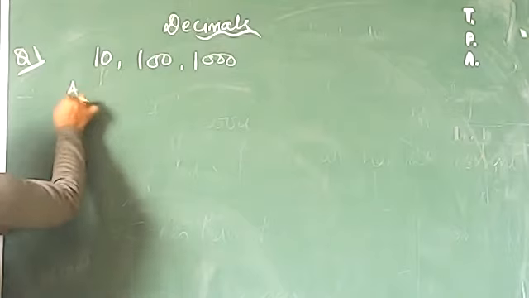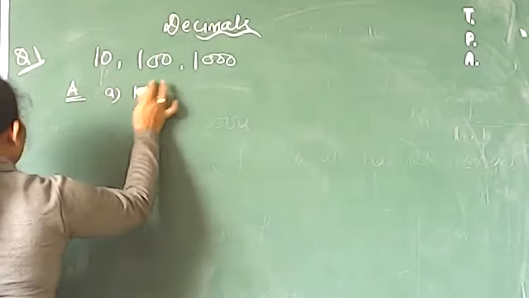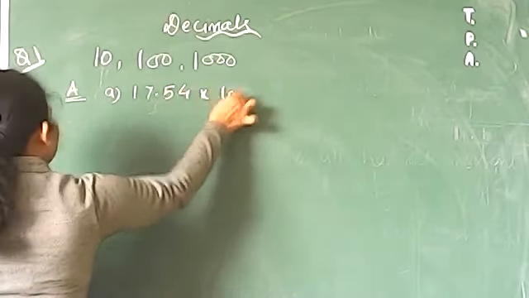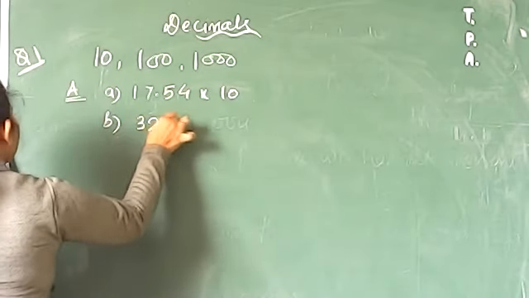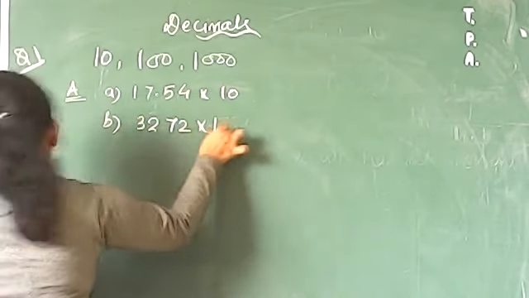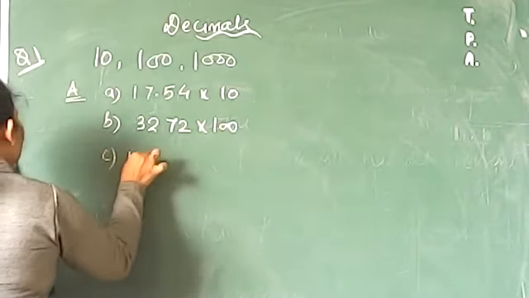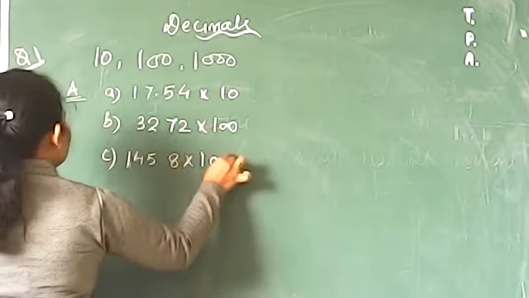So let us first write down the question for this. First is 17.54 multiplied by 10. Second one is 32.72 multiplied by 100. And third one is 145.8 multiplied by 1000.